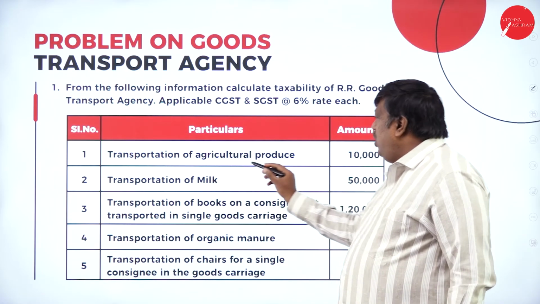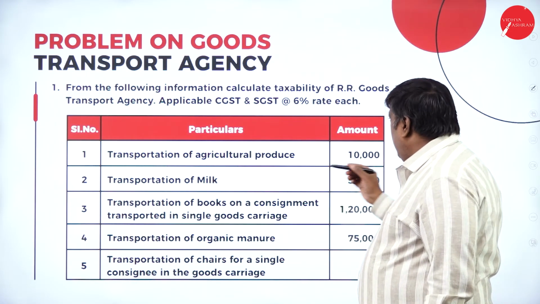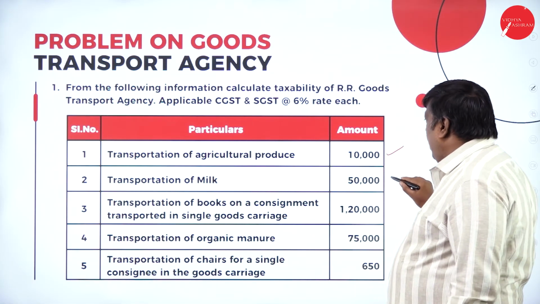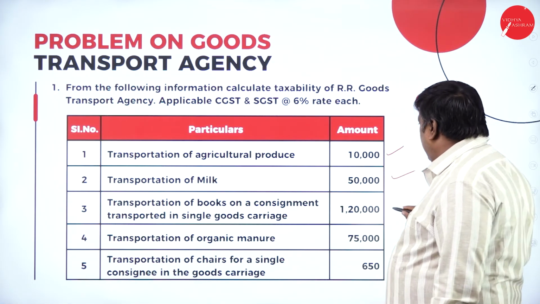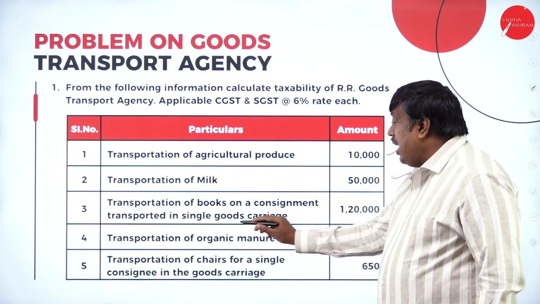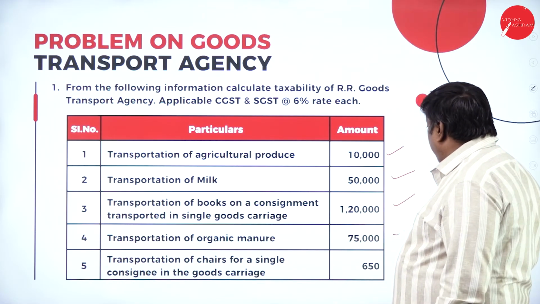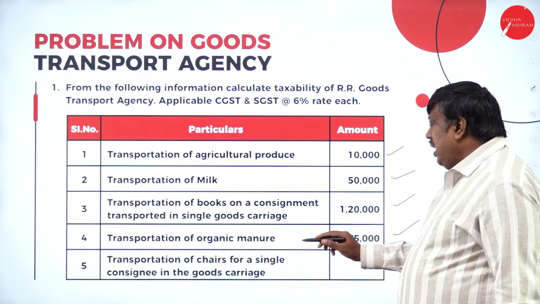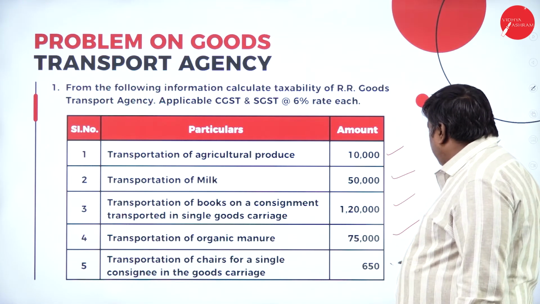Now, transportation of agricultural produce, I have transported for 10,000. Transportation of milk, transportation of books, consignment 1,20,000. Transportation of organic manure 75,000. Transportation of chairs for a single consignee in the goods carriage, it is 650.